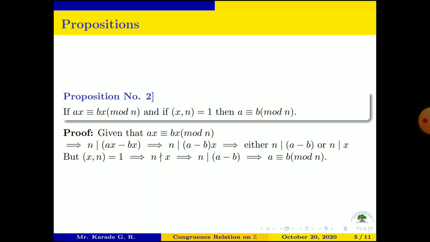So this implies n must divide a minus b, and by definition, as n divides the difference of a and b, therefore by definition of congruence relation, a must be congruent to b mod n, and this is our aim to show that. Okay, so in this way we can write the proof of this proposition.